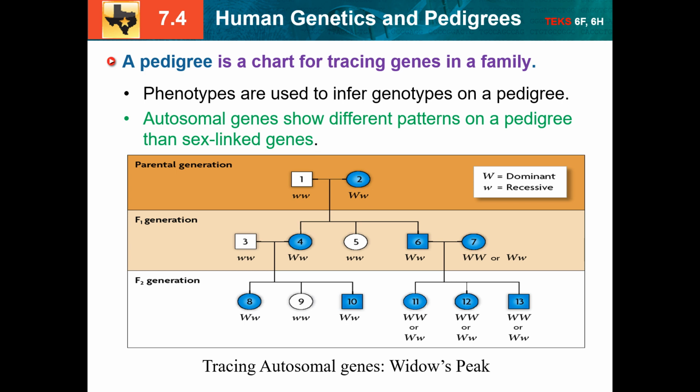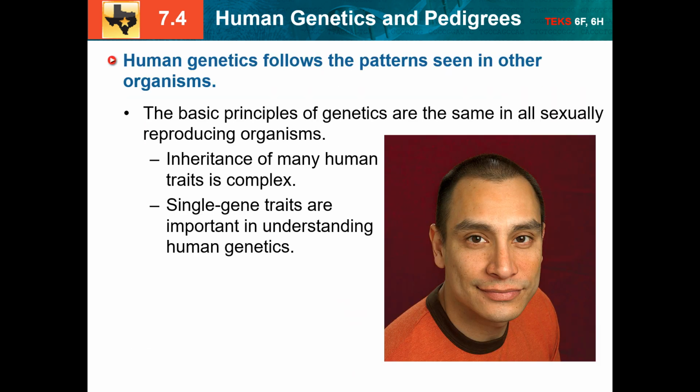Whenever you see, for the males, a clear box, one that's not shaded in, that means that they aren't expressing that phenotype, or in other words, they don't have that trait. In this case, the trait is widow's peak, which, if I go all the way back to the first slide, widow's peak is what this gentleman has.